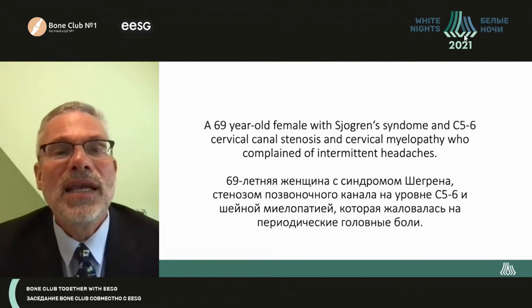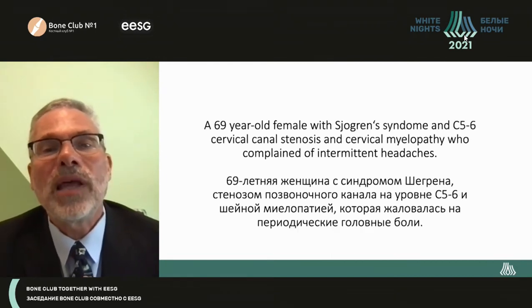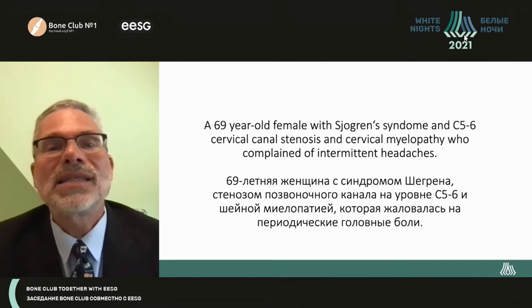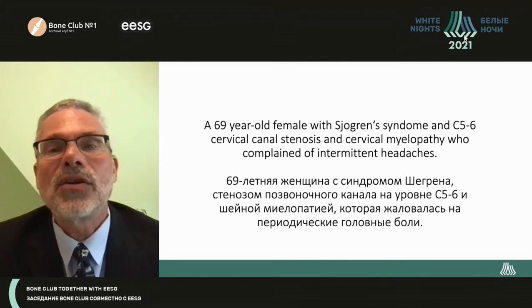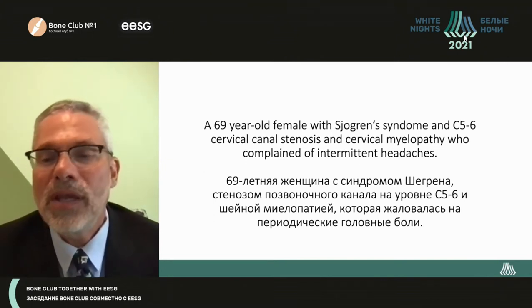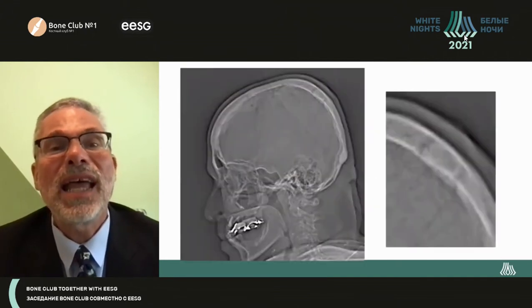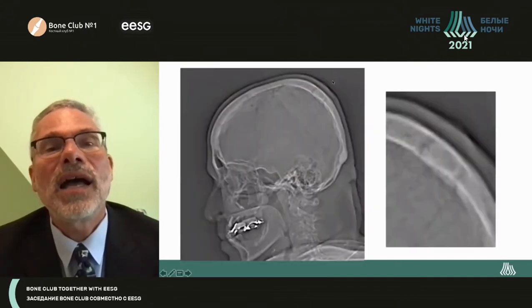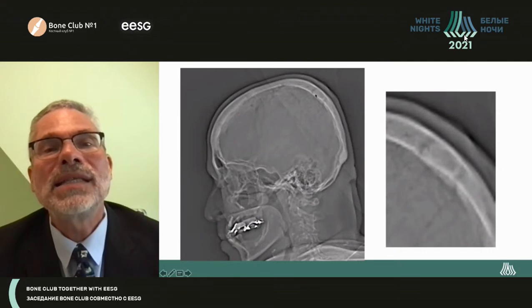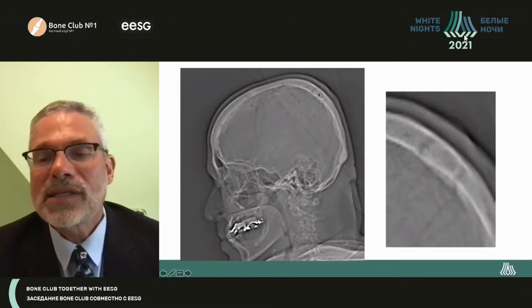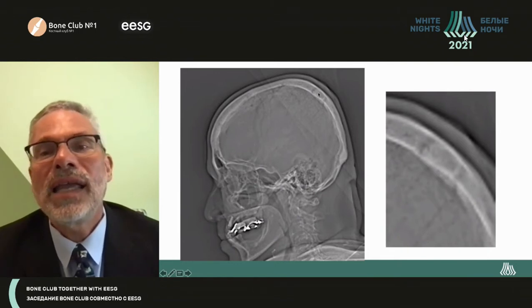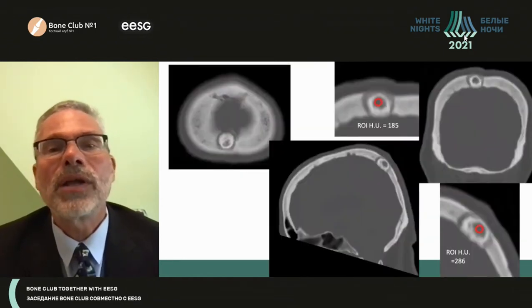So our first case, this is a 69-year-old female with Sjogren's syndrome and C5-6 cervical canal stenosis and cervical myelopathy who complained of intermittent headaches. And here we see scout view from a CT scan, and we see that there's this lesion that's somewhat sclerotic in the posterior calvarium.